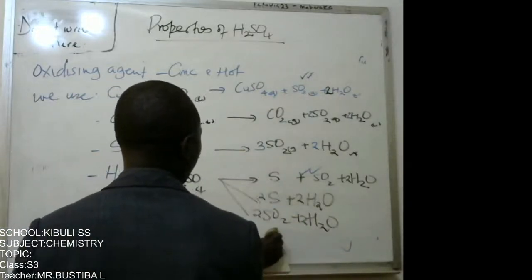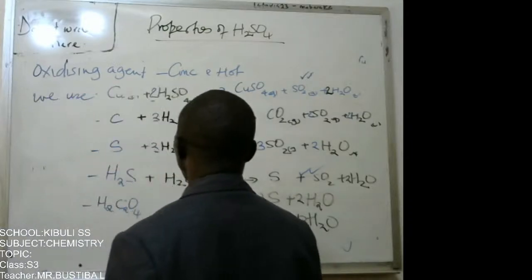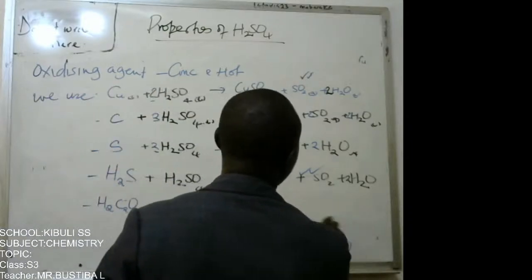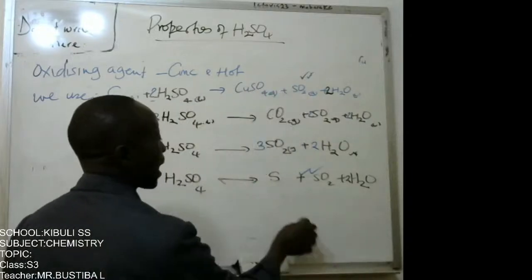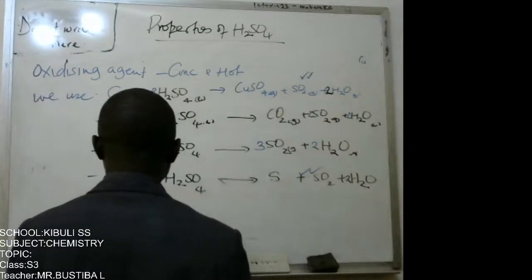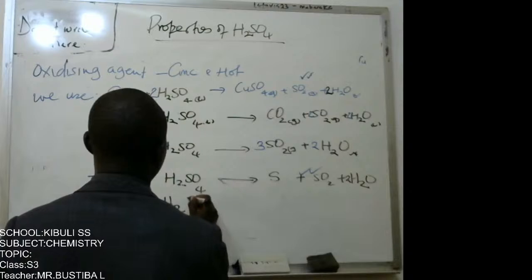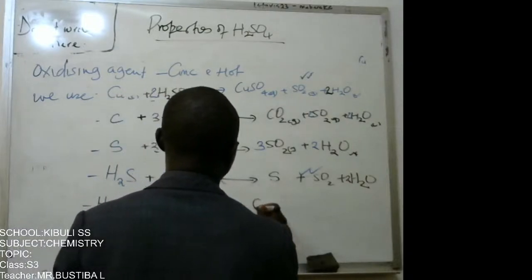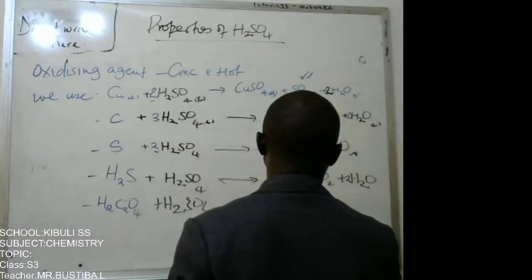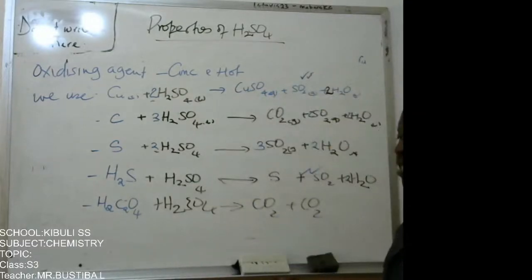Oxalic acid and sulfuric acid. We need to cover this in senior 2 because the syllabus expresses that we must prepare carbon dioxide, not carbon monoxide. So this reaction and sulfuric acid will give us carbon dioxide. It will give us carbon monoxide. What else can it give us?